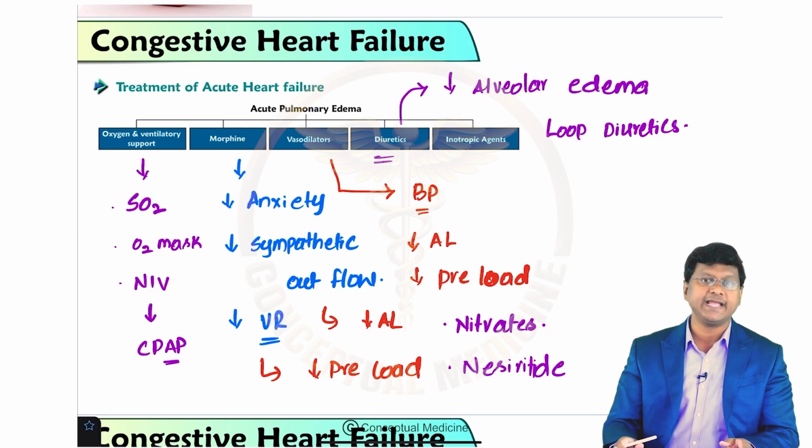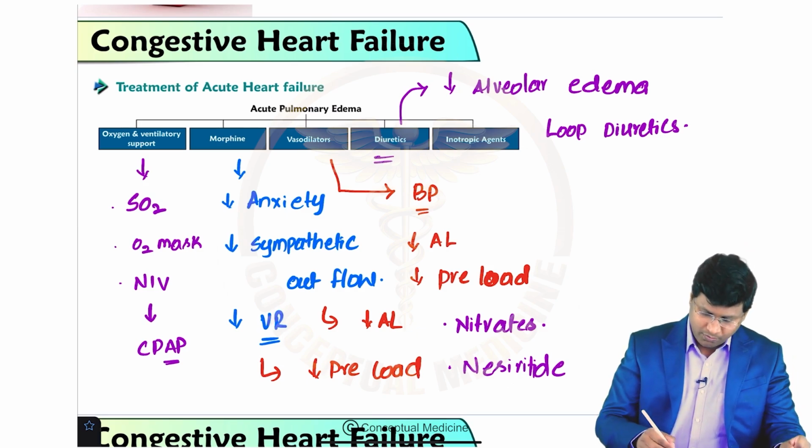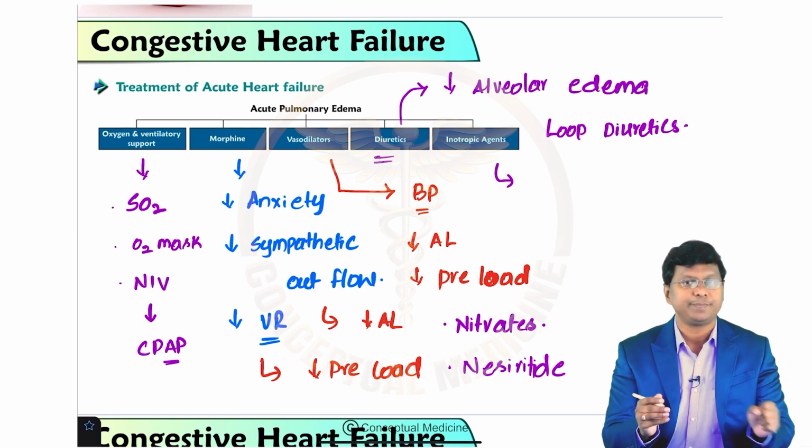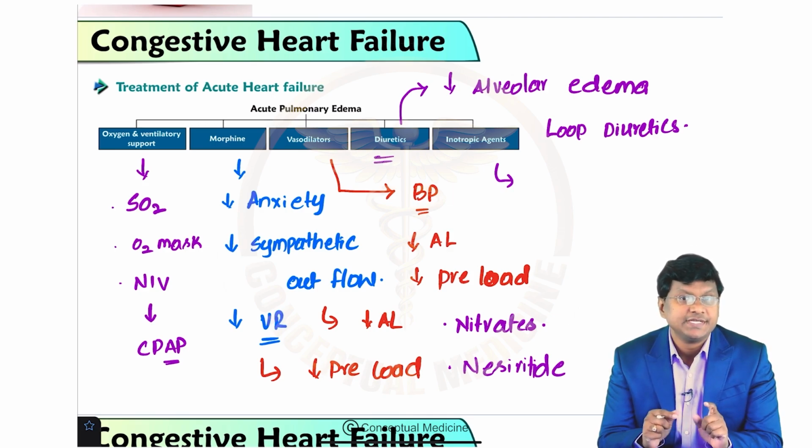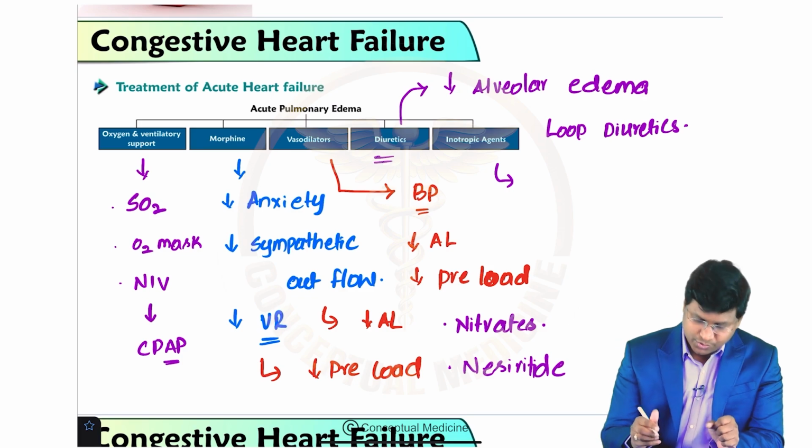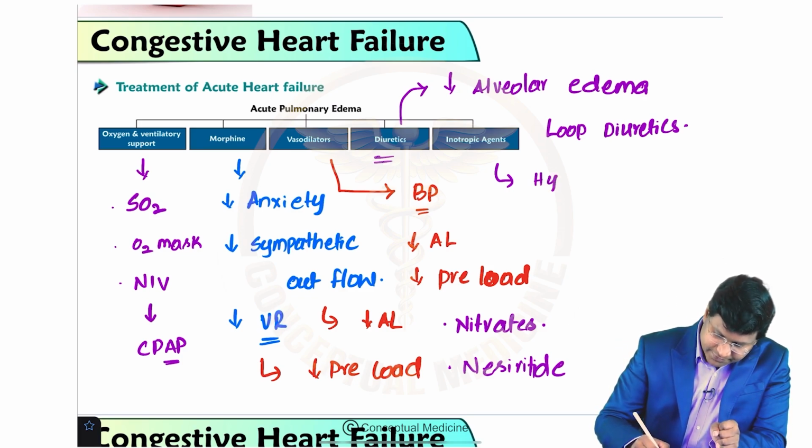Then coming to the inotropic agents. What is the purpose of the inotropic agents? They are indicated in the management of acute pulmonary edema in the presence of peripheral hypoperfusion.